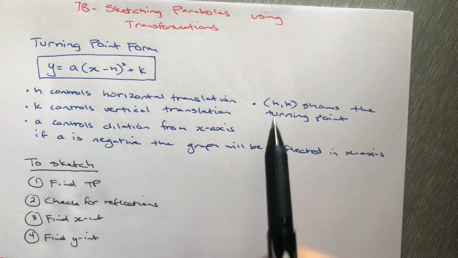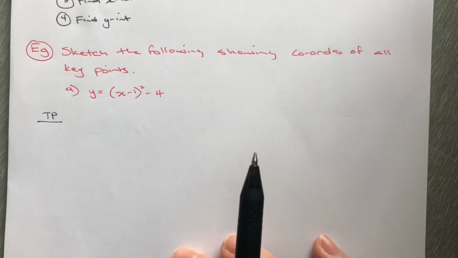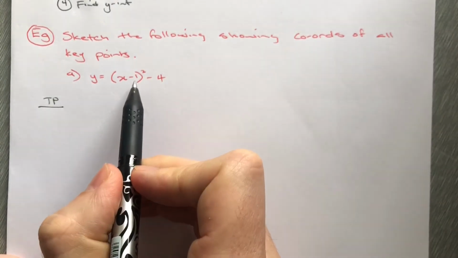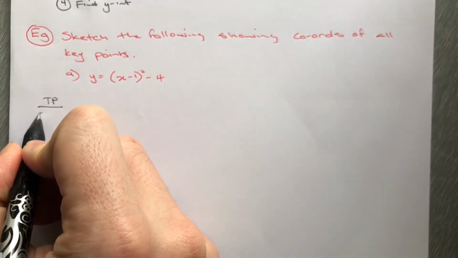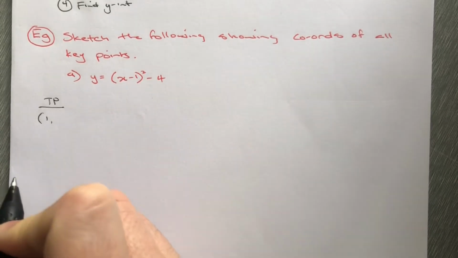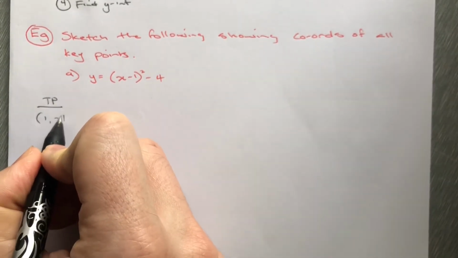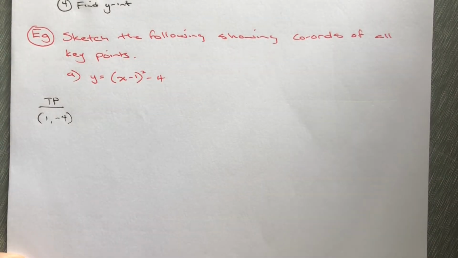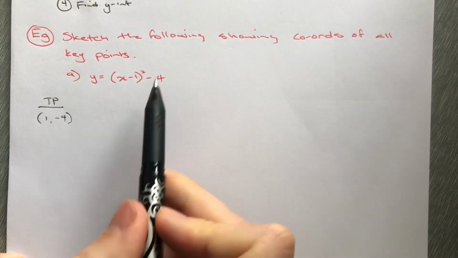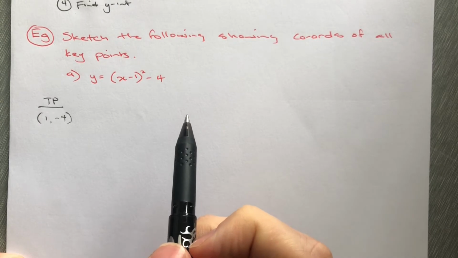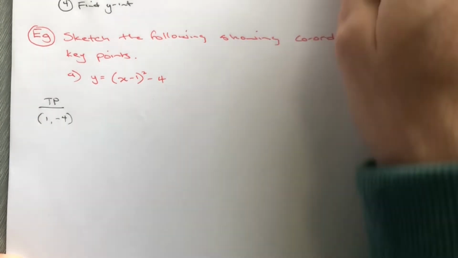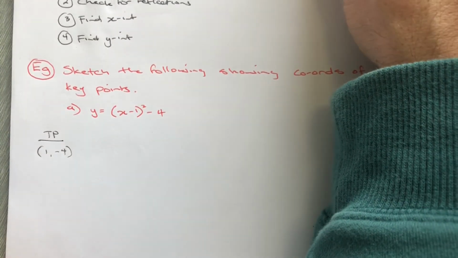And then k is just going to be the same. Okay, so with this one here, it says -1 in there, but the x value of the turning point is actually just 1. And this -4 here, that's our y coordinate. So I've found out where the turning point is just by looking at this function because it's in turning point form. Awesome. So we're done with finding the turning point.